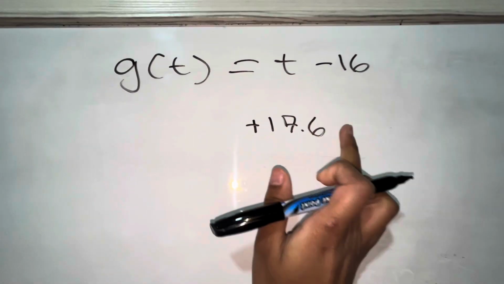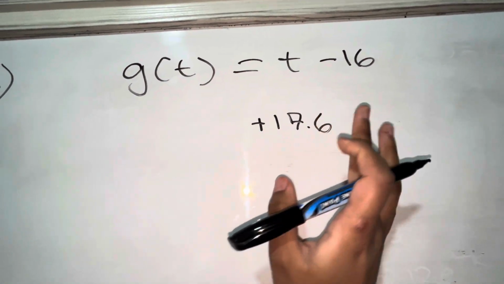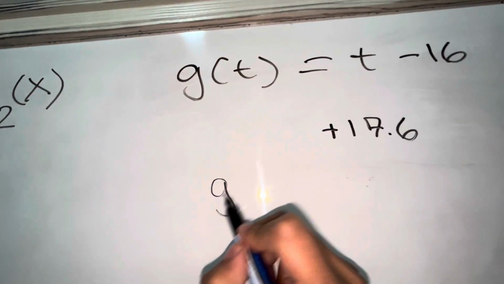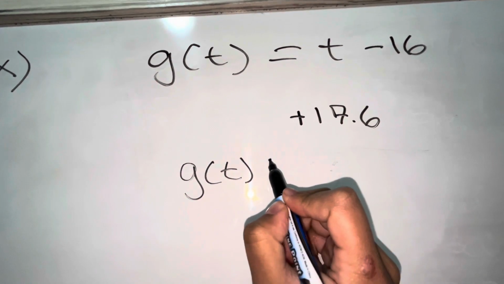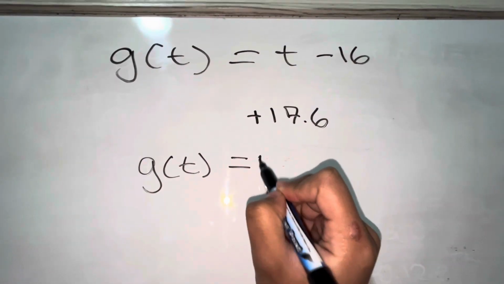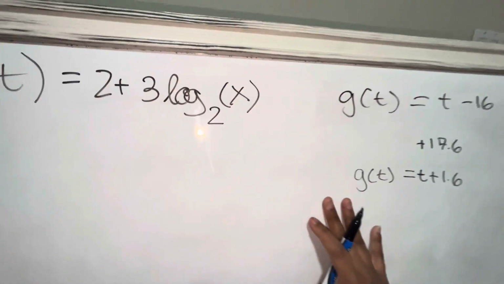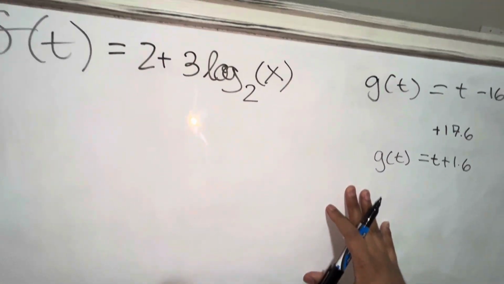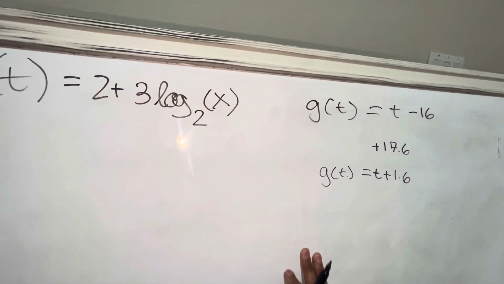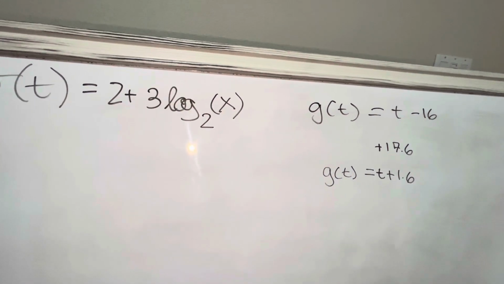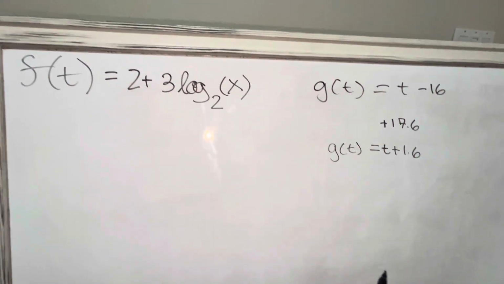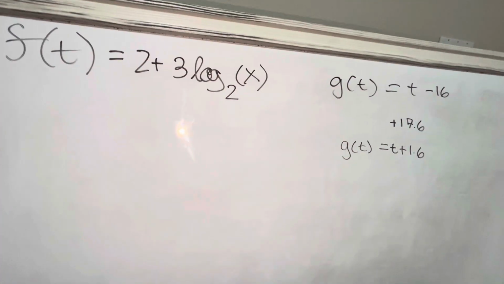And 17.6, when you add it to t minus 16, it'll equal t plus 1.6. So now you have f of t and your new g of t. So now it's also asking, what is the first time that sales predicted by the logarithmic model will be at that same point? Where will it intersect?